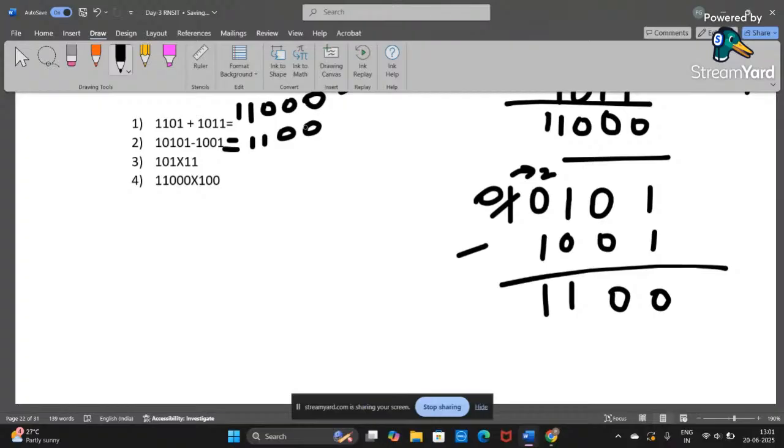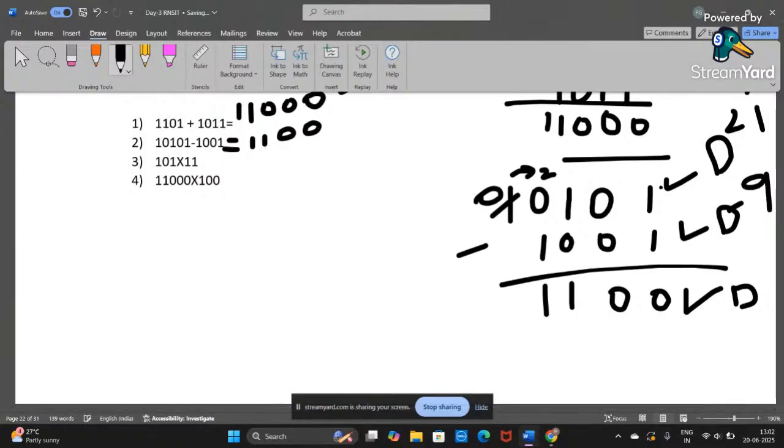If you want to cross verify this, you have one more method. You can convert this to a decimal number, even this to a decimal number, and then you can check. Converting this to decimal number, it is 21.